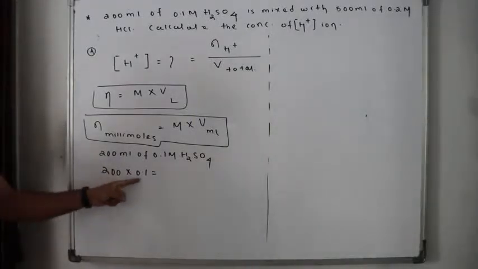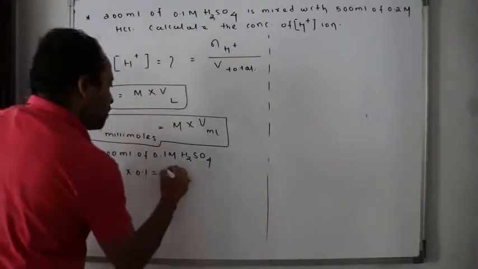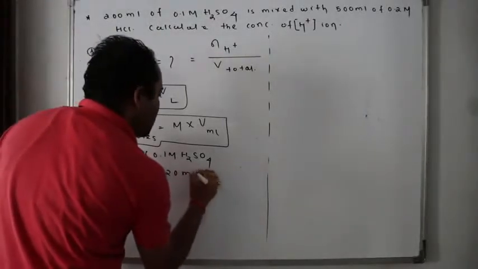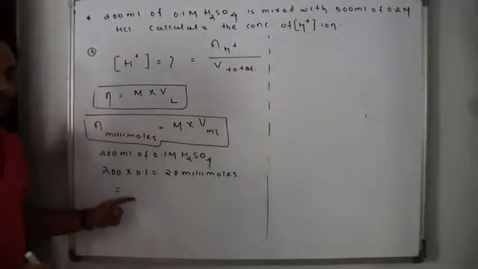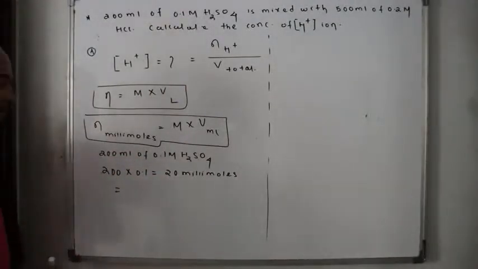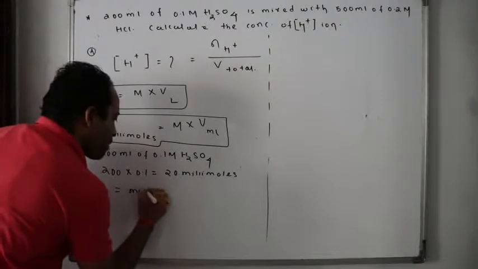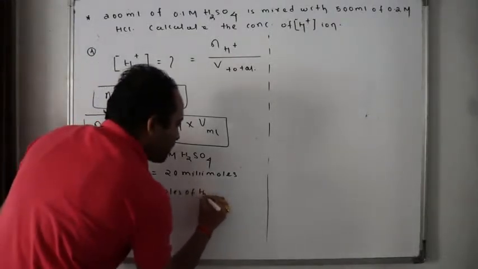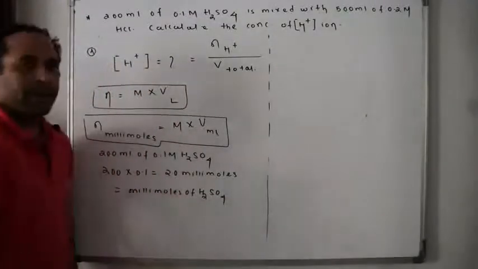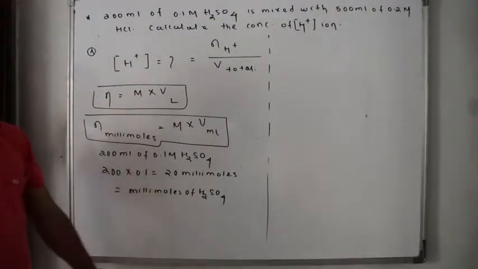200 into 0.1 is how much? Is it 20 millimoles? What is this 20 millimoles? It is the millimoles of H2SO4. Do you agree with me or not?